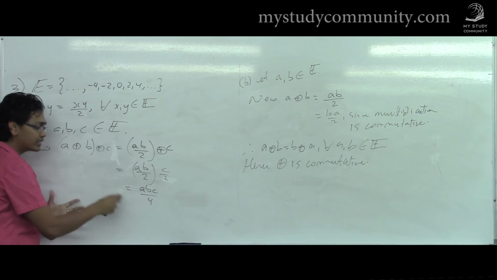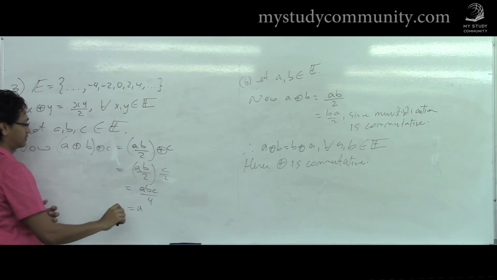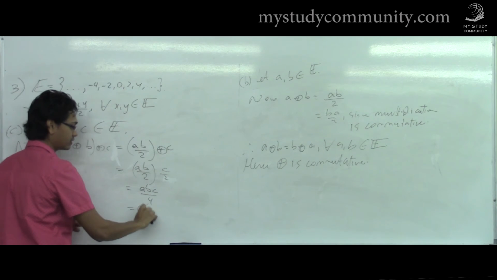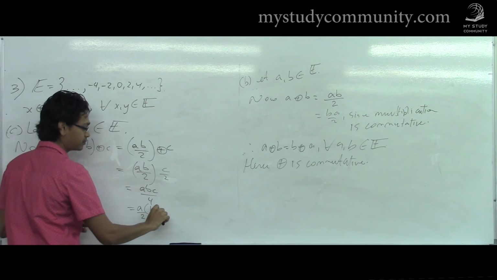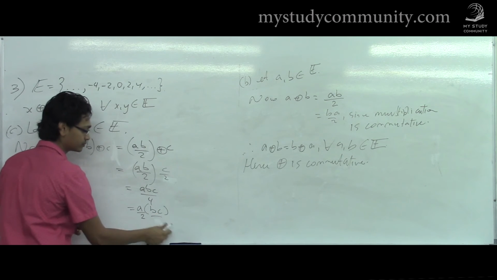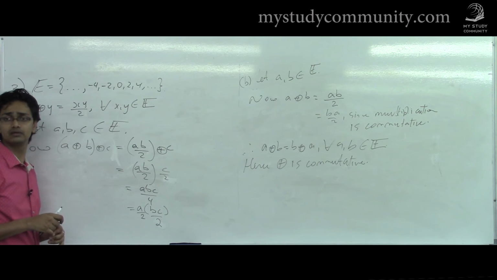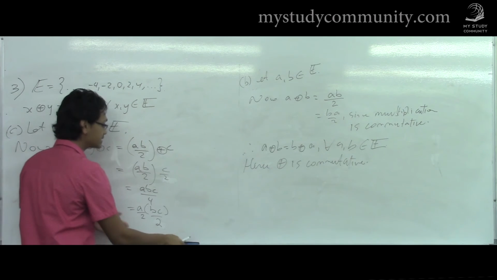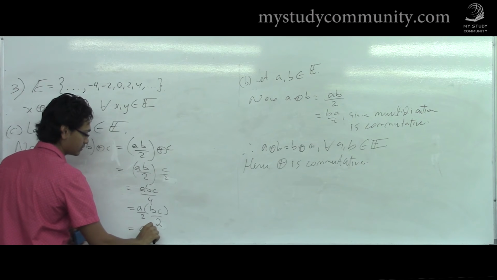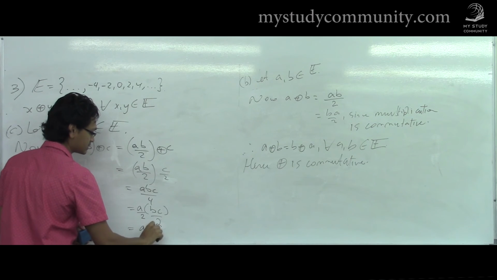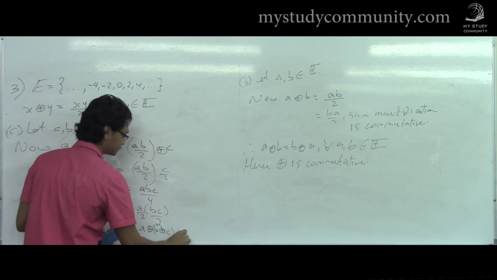And I can rearrange this into A over 2 by B C over 2. You're following? And this here is A circle plus B circle plus C with the brackets like that.